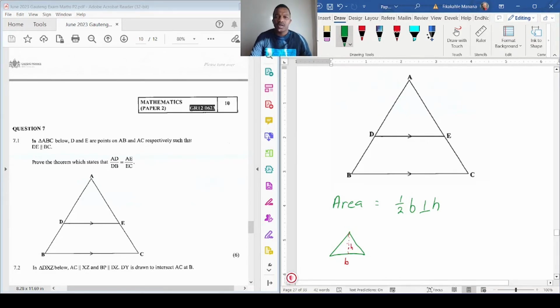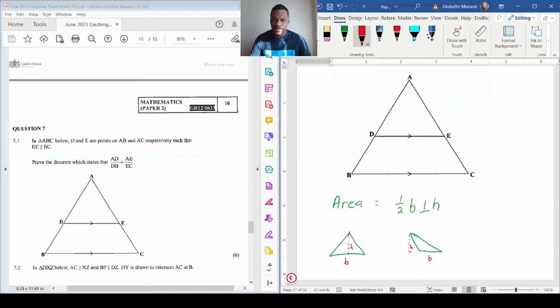But also, even if it's an obtuse triangle, let's say you have an obtuse triangle like this, the base is still that, but the height still has to be a perpendicular height. So the height starts from that apex to there.